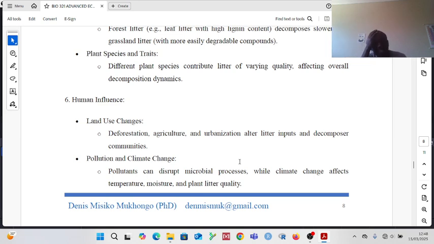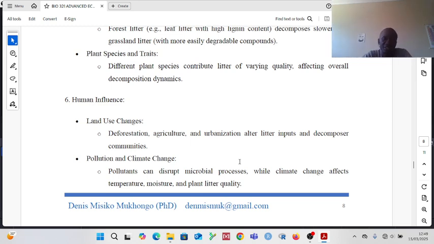So land use changes, for example, deforestation, agriculture, and urbanization will change the litter inputs. Once the litter inputs are changed, then the decomposer communities will also be altered.